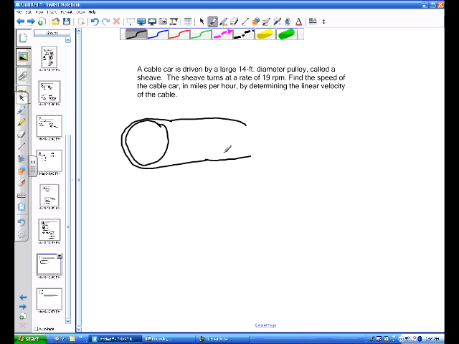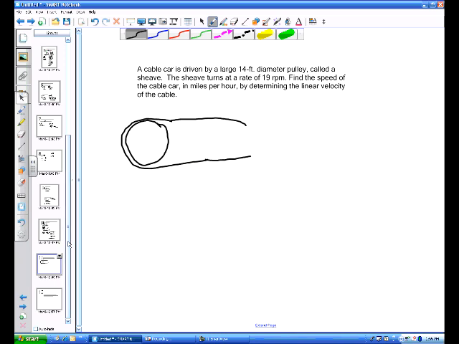If you got into bicycle tires with gears, then you've got a chain that's causing one thing to turn. But in this case, this is the pulley system that's pulling the cable cars because they actually have the cable up there. So we want to know how fast this cable car is going in miles per hour, which is basically the linear velocity of the cable.